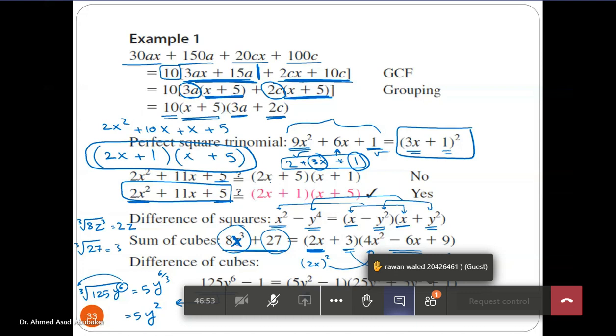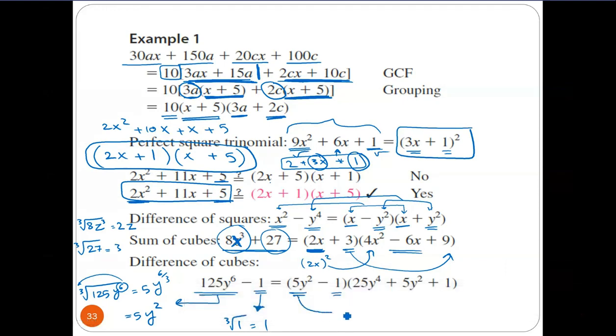So we have 5y squared. This is the first term, 5y squared. The second, the cube root of 1, equals 1. The square of 5y squared is 25y to the power 4, the square of 1 is 1, and we multiply these together: 5y squared times 1 is 5y squared, like this.